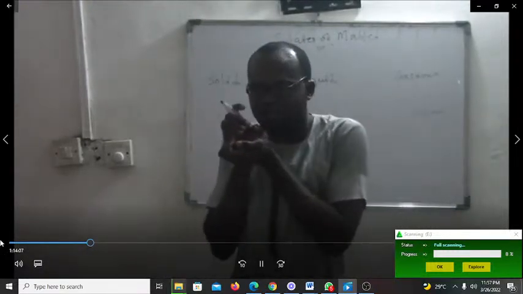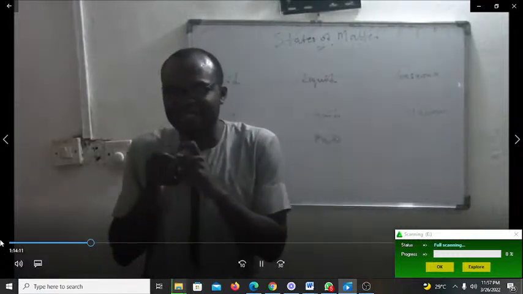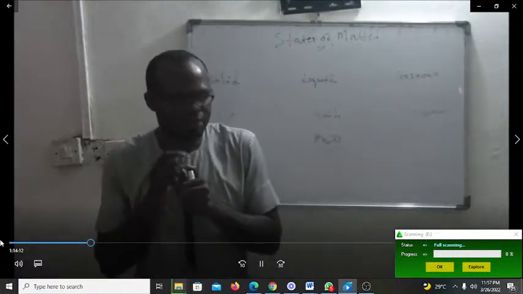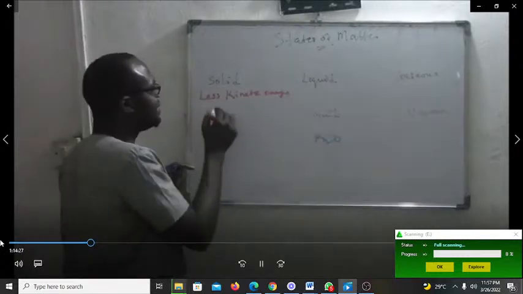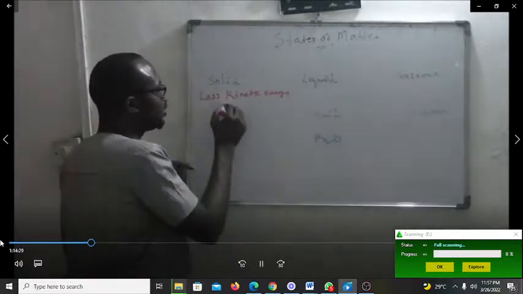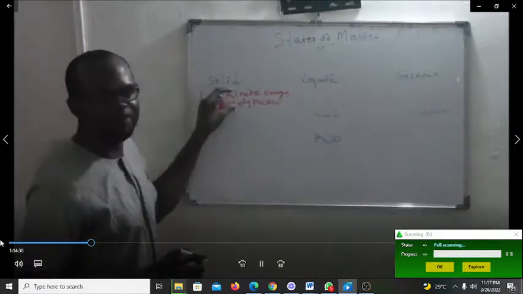So this physical state has something to do with the arrangement of the particles of the water. At one point, there is very little kinetic energy. Which point has very little kinetic energy? In the solid state, kinetic energy. And what kind of arrangement does it have? It has closely packed particles.